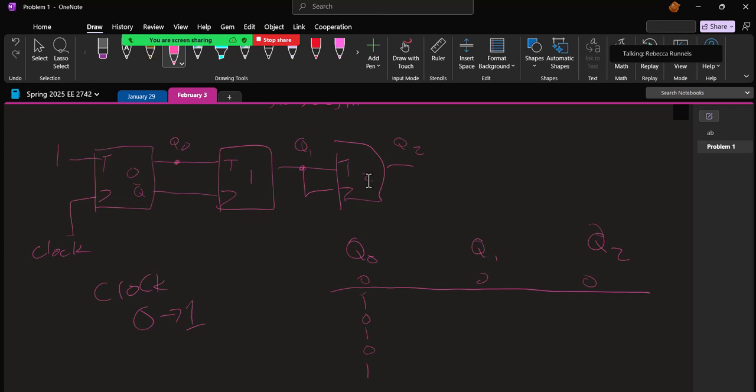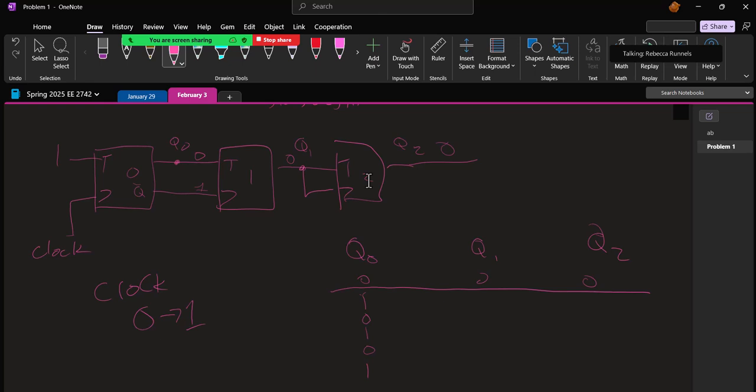All right. So when we started, we said these were all 0. If this is 0, what is this right here? 1. So at the next clock cycle, is the clock for Q1 going from 0 to 1?